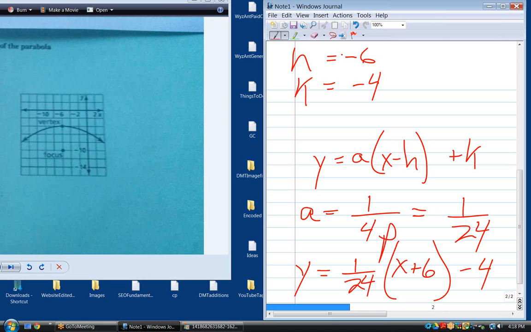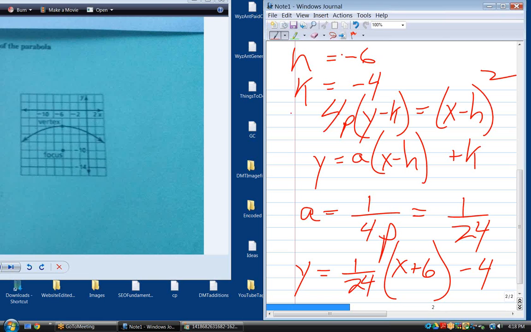Now, just so you can see, I'll do it the other way, where I have 4P times the single variable equals the variable that's being squared.